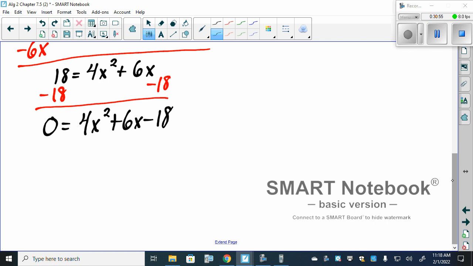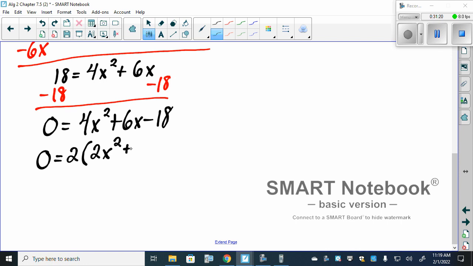I have a feeling y'all want to factor more than use the quadratic formula. So when we factor this here, we do need to factor out any greatest common factors if there are any. And here there are. Because 2 will go into 4, 6, and 18. They're all divisible by 2. And if we factor 2 out of 4x squared, we're left with 2x squared.